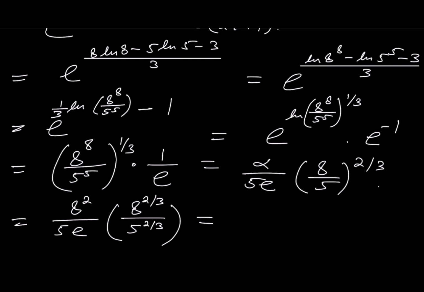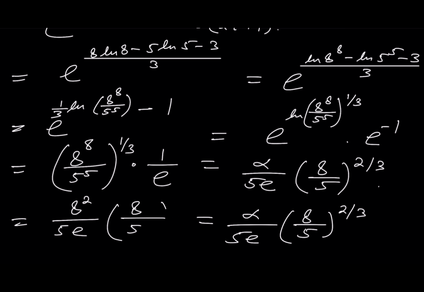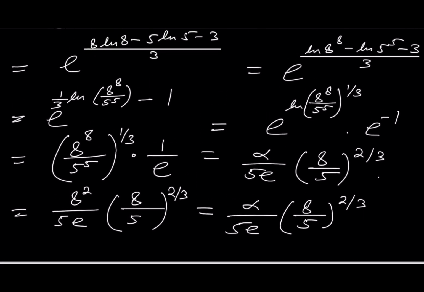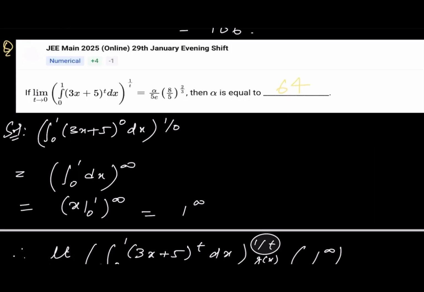And this is equal to alpha upon 5e times (8 upon 5) whole power 2 by 3. And in the LHS I can write (8 by 5) whole power 2 by 3. So now if I compare both sides, alpha is nothing but 8 square. So alpha is 64, and 64 is the required answer.